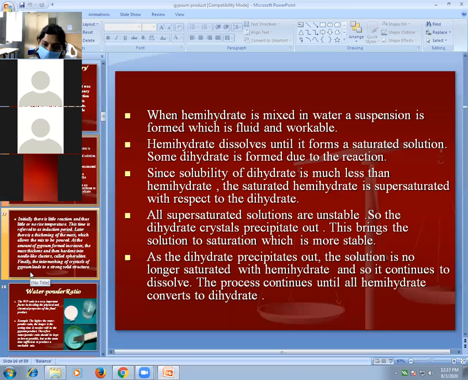This supersaturated solution tries to reach a saturated state, because any supersaturated solution is unstable. With precipitation of dihydrate crystals, it comes to saturation. As the dihydrate precipitates out, the solution is no longer supersaturated with hemihydrate, and so it continues to dissolve. The process continues until the hemihydrate converts into dihydrate.